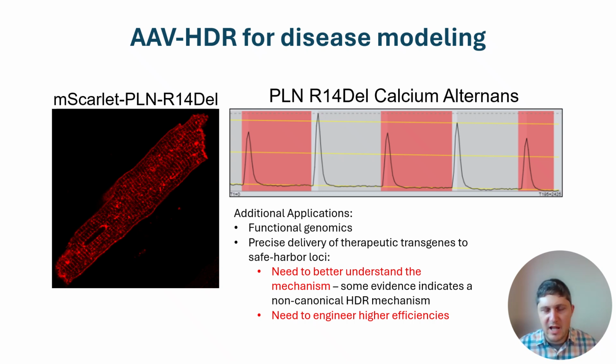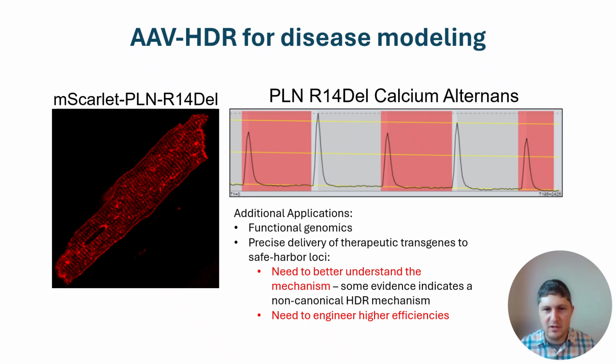Okay, so there are many different applications of this technique. One is disease modeling. We've since gone on to show that we can create specific mutations that have been associated with human disease within mouse cardiomyocytes. Here, shown on the left, we have a phospholamban arginine 14 deletion mutation fused to mScarlet red fluorescent protein. And so you can see the cellular localization of the mutant protein.